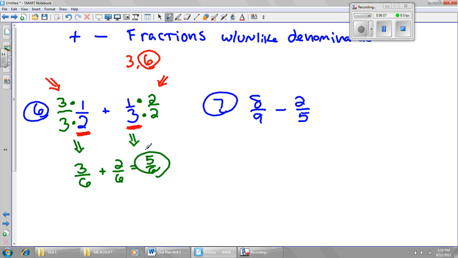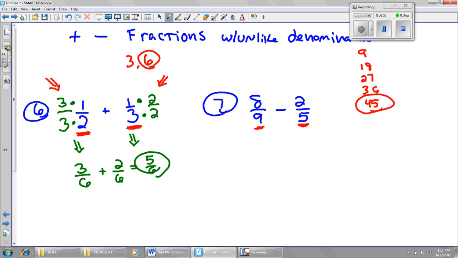All right, let me go over to this problem 7 here. And again, I'm going to take the larger of the two denominators, and I'm going to count by it until I get one that the other denominator goes into. So I'm going to go 9, 18, 27, 36, 45. Stop.